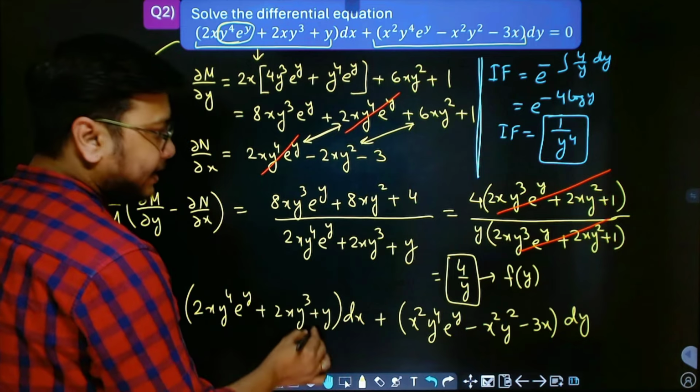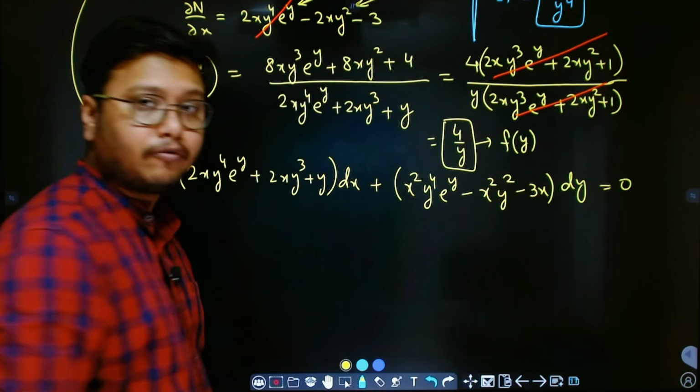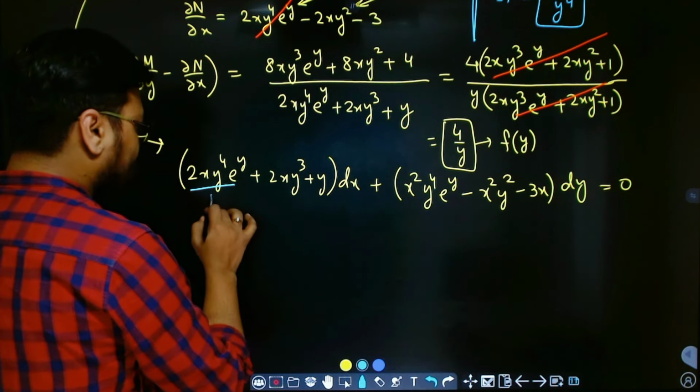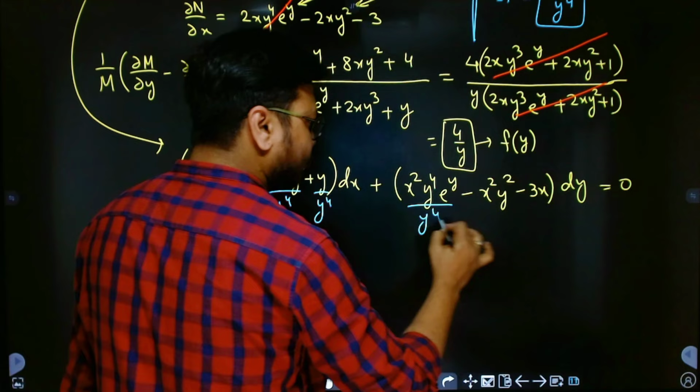Then I'm going to divide each term over here with y to the power 4, which is our integrating factor. So by y to the power 4, by y to the power 4, and so on.